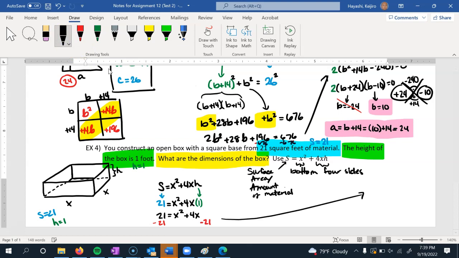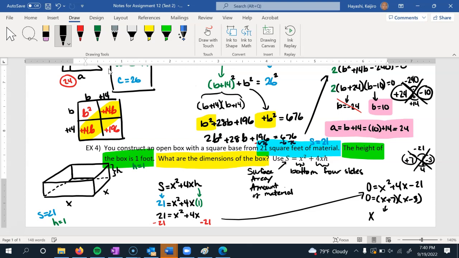So 0 equals x squared plus 4x minus 21, which if you factor, what two numbers multiply to negative 21 but add up to positive 4? Yeah, positive 7 and minus 3. So this is just x plus 7 and x minus 3.